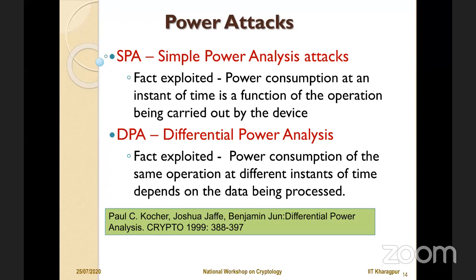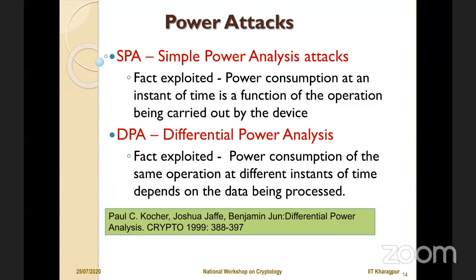But there is another, stronger form of adversary, called DPA, or differential power analysis. Here, the fact which is exploited is even more fundamental. You exploit the fact that the power consumption of the same operation at different instances of time depends upon the underlying data being processed. Whether you are processing a 0 or a 1 is different, and that leaks information which is exploited by a DPA adversary.